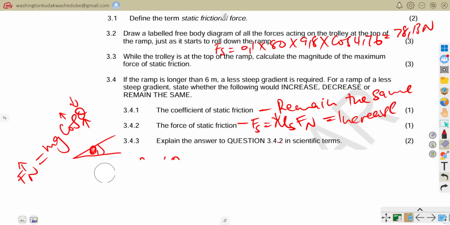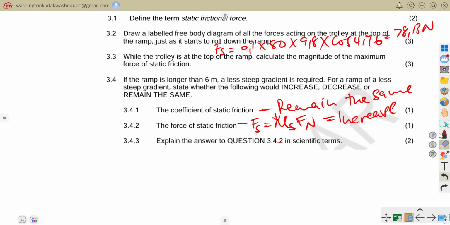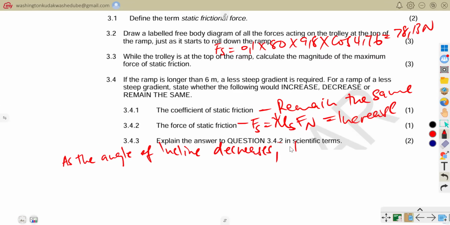We are simply saying that as the angle of incline decreases, the normal force increases.